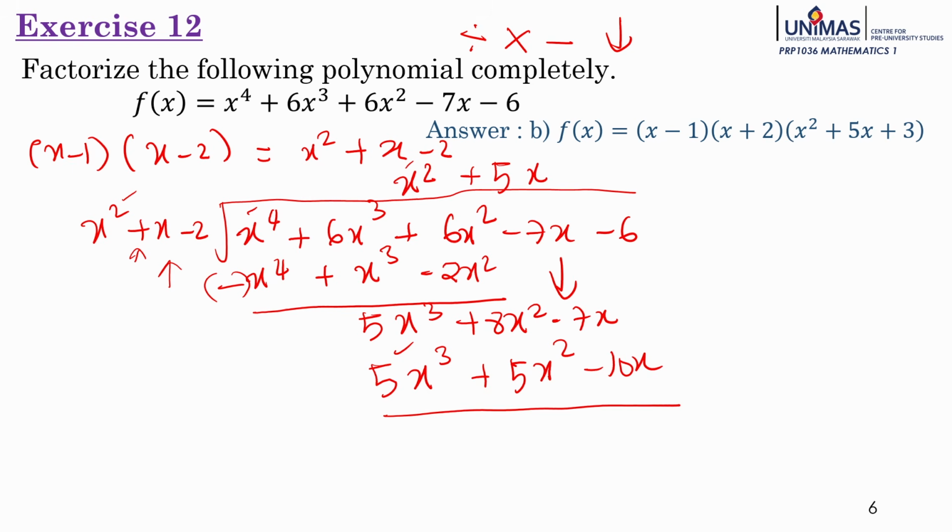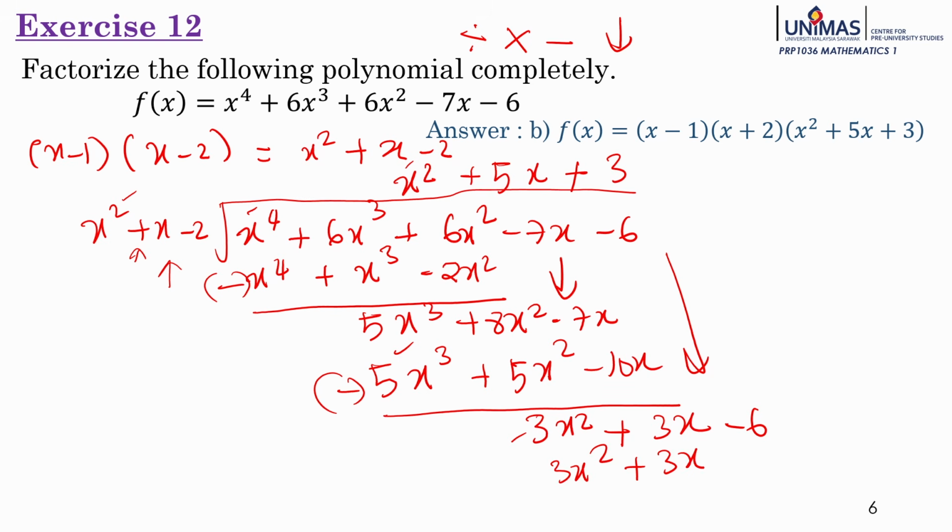Then subtract, you get 3x squared plus 3x, and bring down the minus 6. The last one, 3x squared divided by x squared, you get 3. So you get 3x squared plus 3x minus 6, so the remainder is 0.